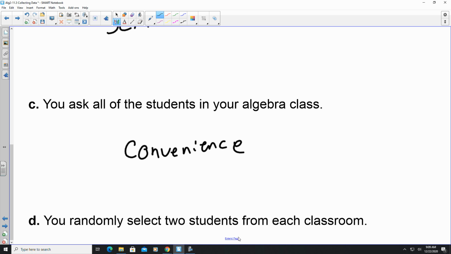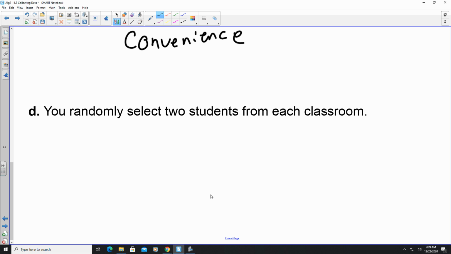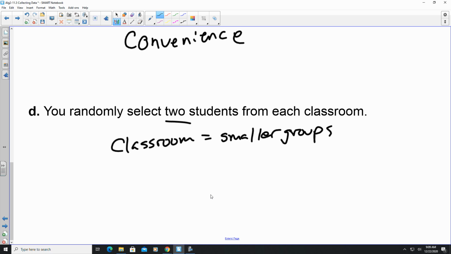And then finally, for part D, it says you randomly select 2 students from each classroom, because the classrooms are a way of making them into smaller groups, and then you're choosing 2 of them from each group. This is a stratified sample.